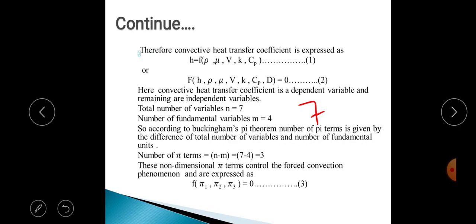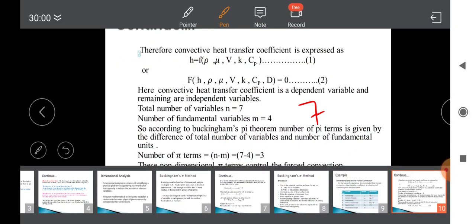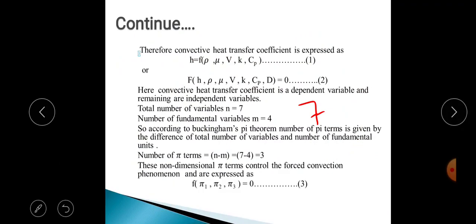Now we find the number of fundamental dimensions used to describe these terms. The number of fundamental dimensions used is 4: M, then L, then T and then theta. So a total of 4 fundamental dimensions are used to describe these.